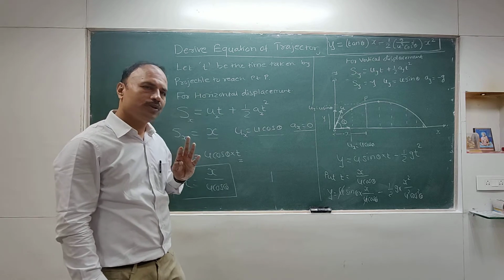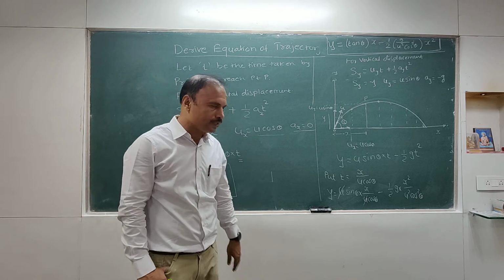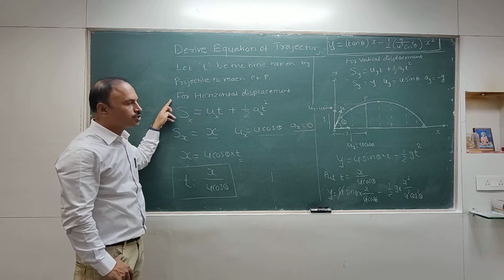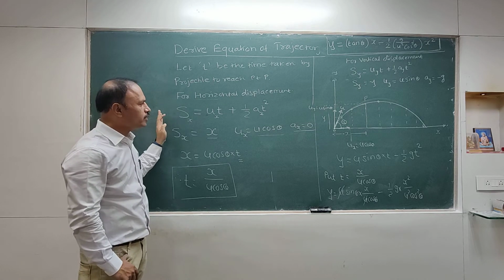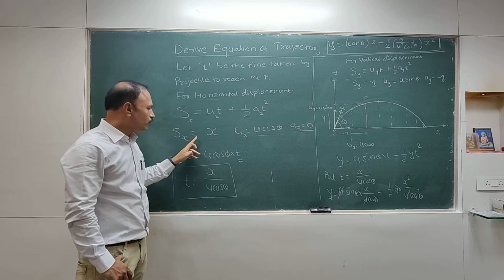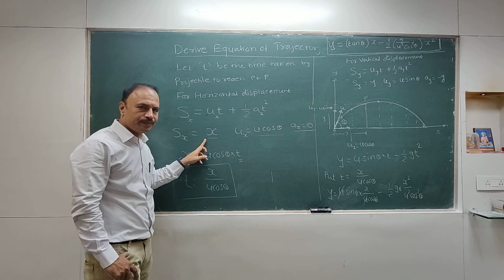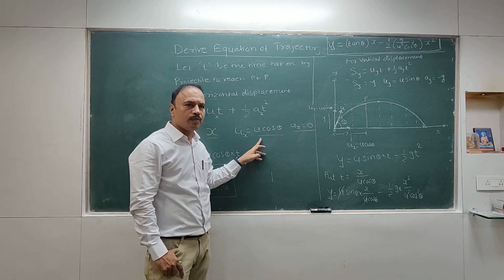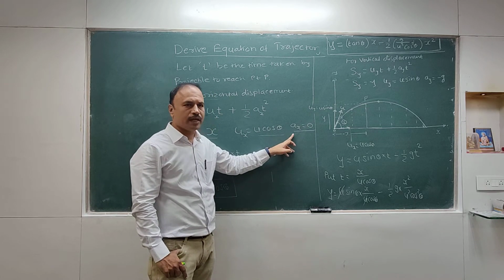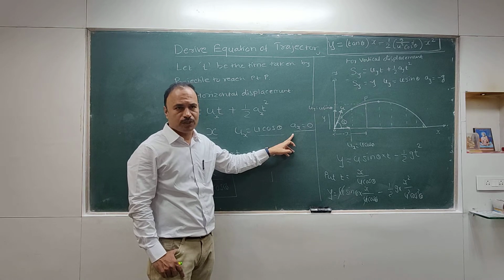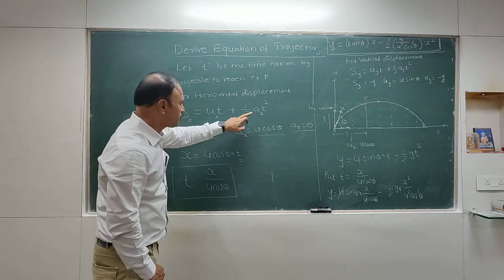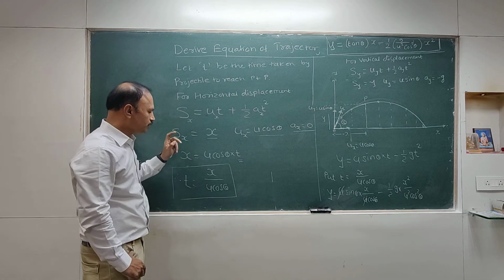First we applied the second kinematical equation for horizontal displacement. Have you understood? Yes. Why Sx as x, clear? We have to take the horizontal component u cos theta. We have to take acceleration 0 because horizontally there is no acceleration. Substitute here, here, here.